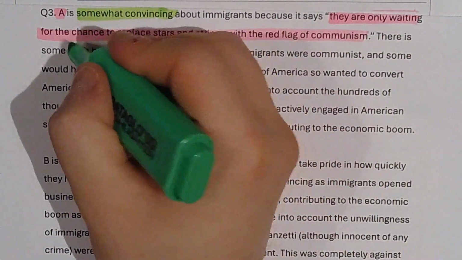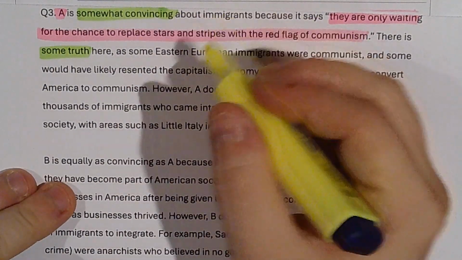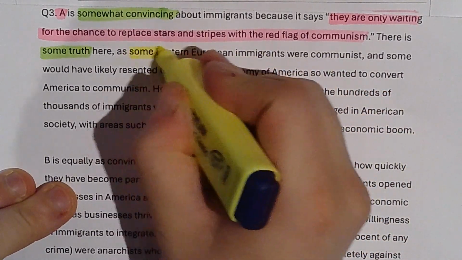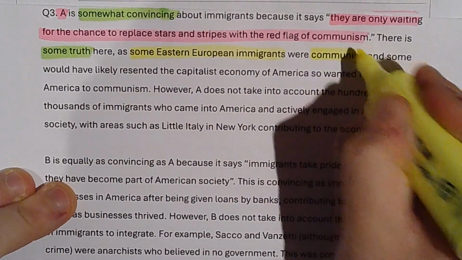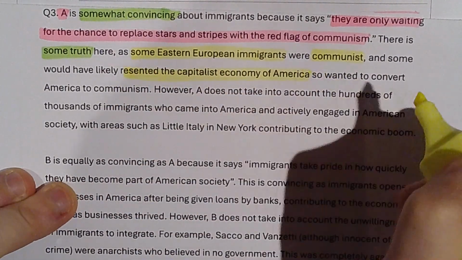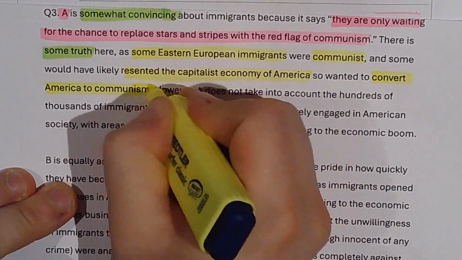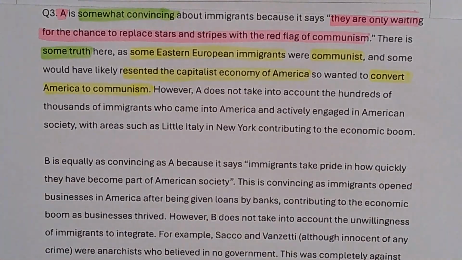And I've gone on to say, well, there is some truth here, as some Eastern Europeans, and now I need to back it up, some Eastern European immigrants were communist, and some would likely have resented the capitalist economy of America, so wanted to convert America to communism. But then I've talked about however.